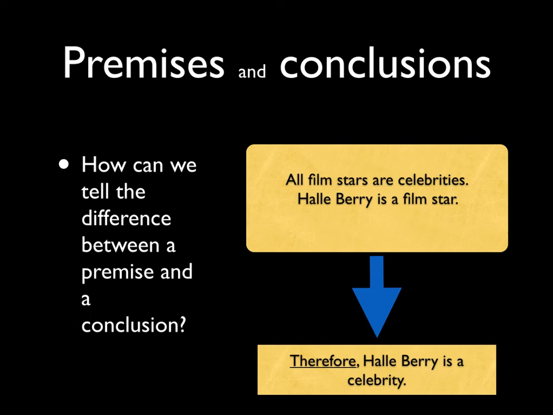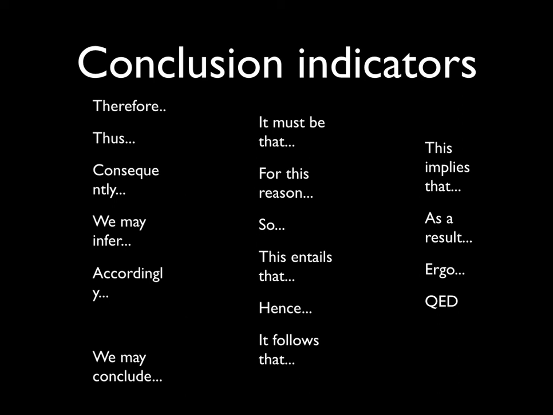Now there are many different types of conclusion indicators that we can look for. Words like therefore, thus, consequently, we may infer, accordingly, we may conclude, it must be that, for this reason, so, this entails that, hence, it follows that, this implies that, as a result, ergo, and QED.